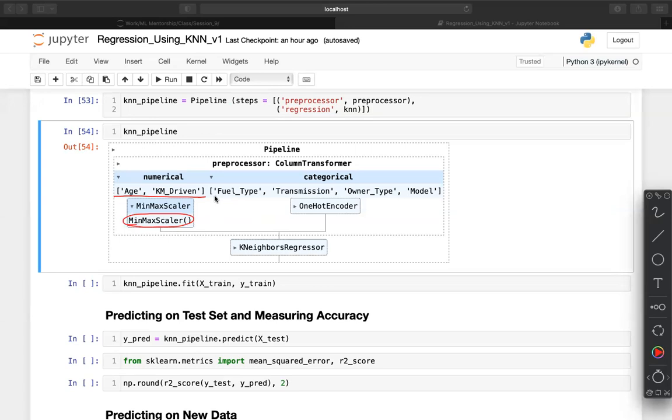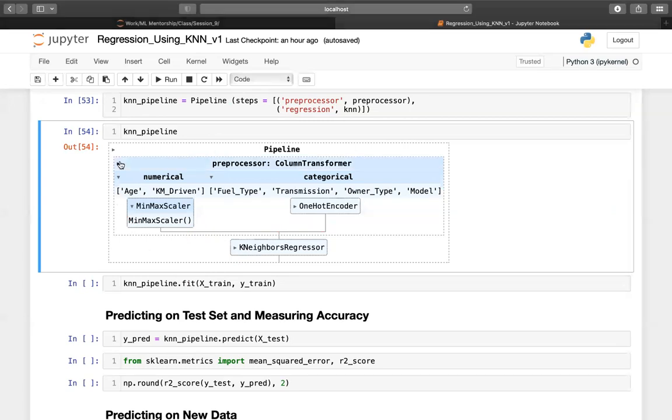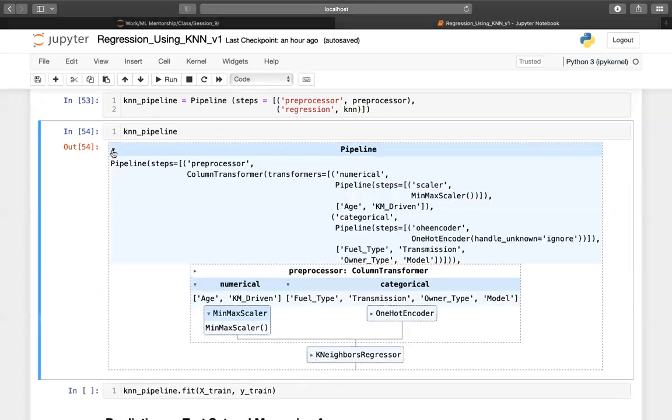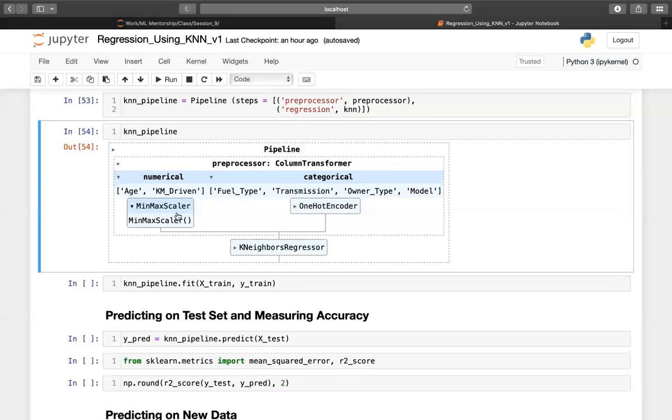Your categorical features, fuel type, transmission, owner type, and model, will go through one hot encoding. And the outcome of both pipelines after getting processed will come, and on that the KNeighbors regression model would be applied. A very standard streamlined way of building models.